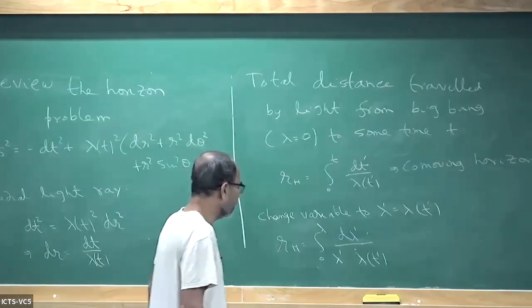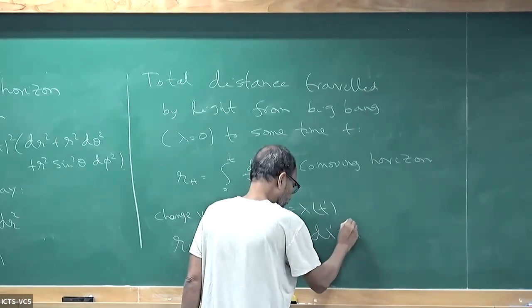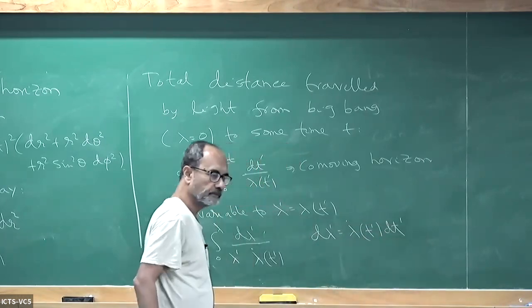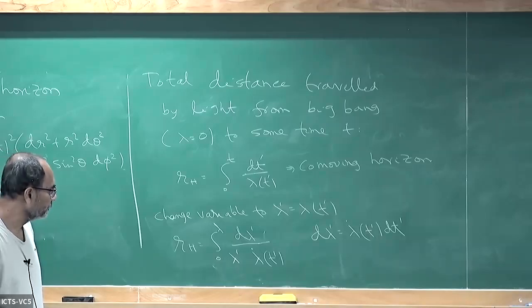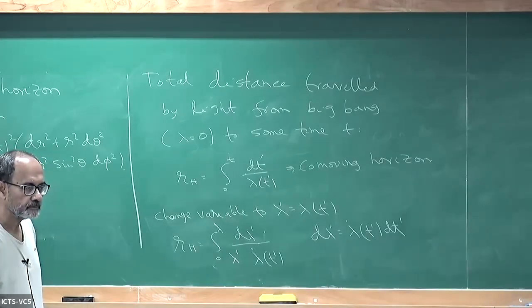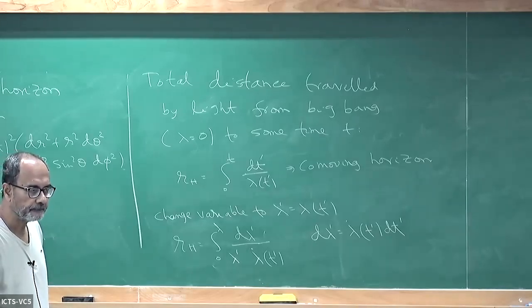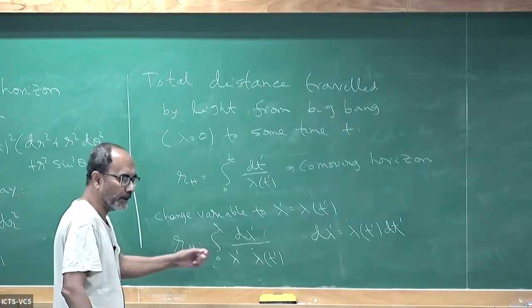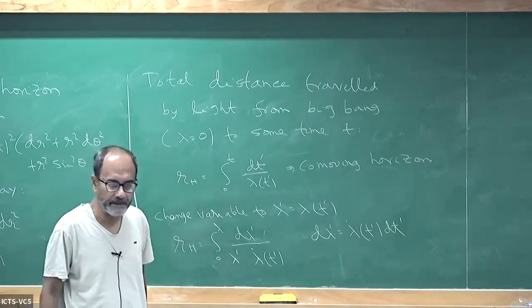It's clear, we are just using the fact that d lambda prime is lambda dot of t prime dt prime. Is it clear? So in the standard FRW cosmology, we can calculate this for various values of lambda, at different times.